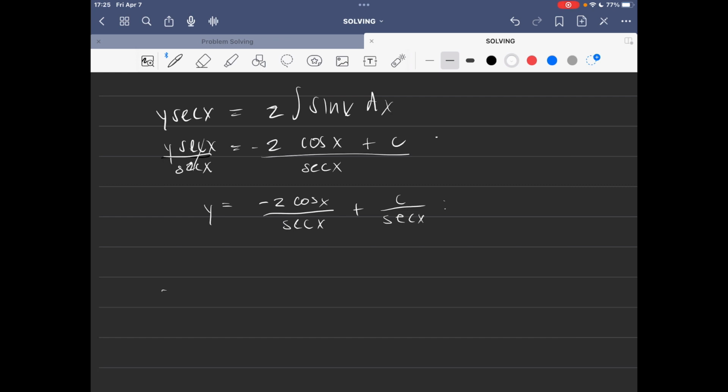And we have the condition y of 0 is equal to negative 2.